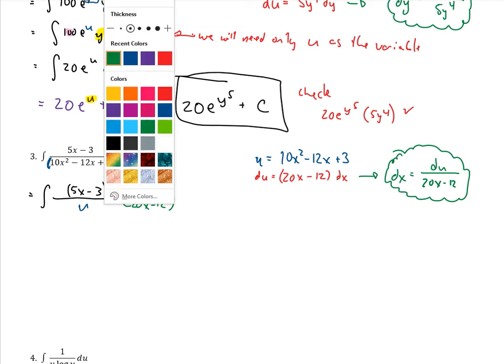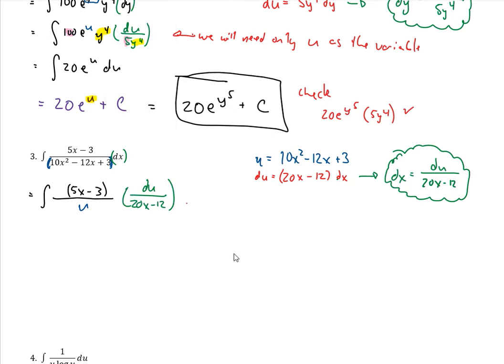Often when it's algebraic, so when it's just x's and no e to the x, no logs, often try factoring. Okay, so that looks like that factors. So let's rewrite it as 5x minus 3 divided by u, and then du over, notice that 4 is in common, and it would give us 5x minus 3.